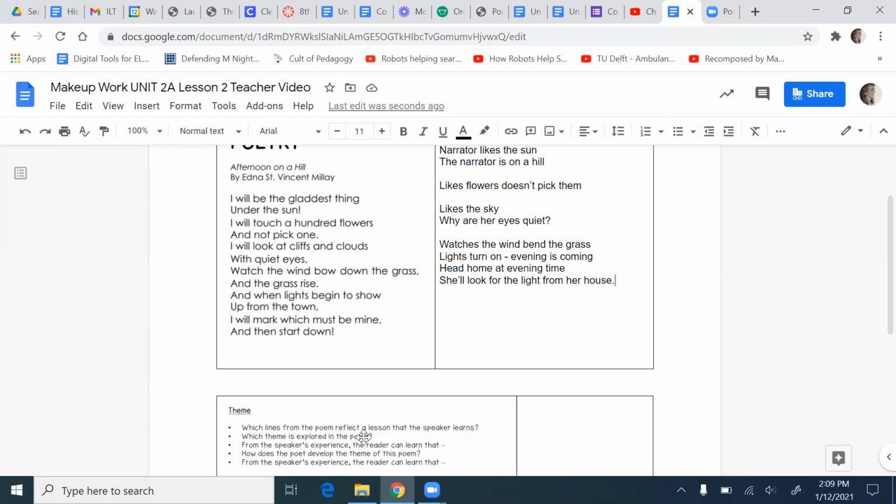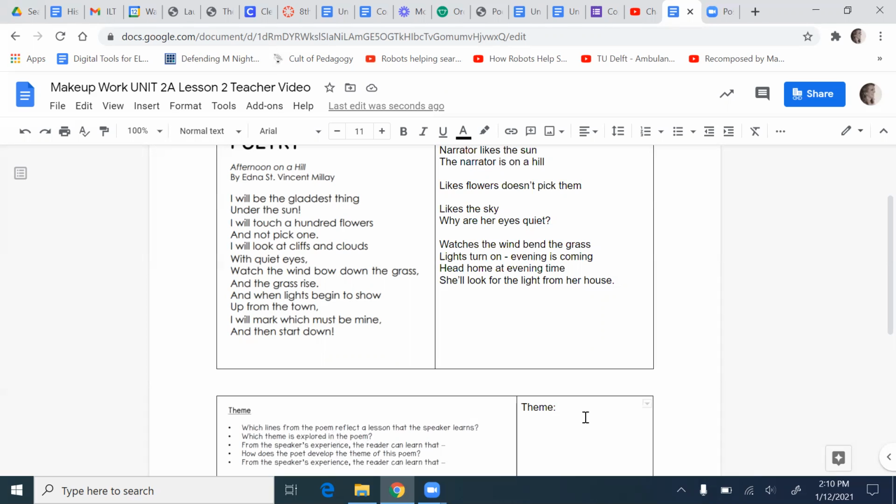I will look at cliffs and clouds with quiet eyes. Watch the wind bow down the grass and the grass rise. So she has quiet eyes. And when lights begin to show up from the town, I will mark which must be mine and then start down. So I would say the theme is going to be something like, well, the subject is this afternoon on a hill.